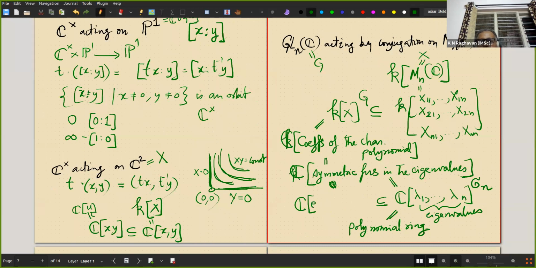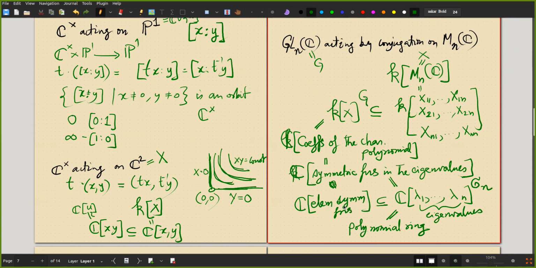So this is in the elementary symmetric functions. The elementary symmetric functions in these eigenvalues, that's another way of looking at it. So E1, E2, up to En are algebraically independent, and therefore they are a polynomial ring.